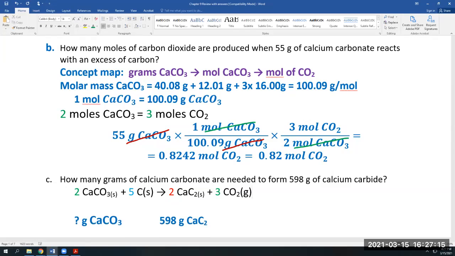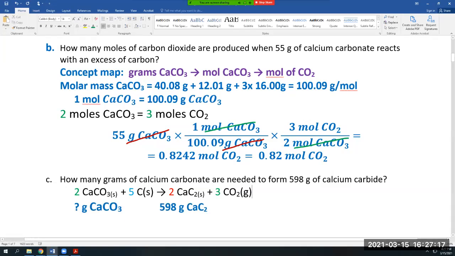Here it's asking for how many grams of calcium carbonate. So below calcium carbonate, I like to write question mark, grams of calcium carbonate are needed to form 598 grams of calcium carbide.